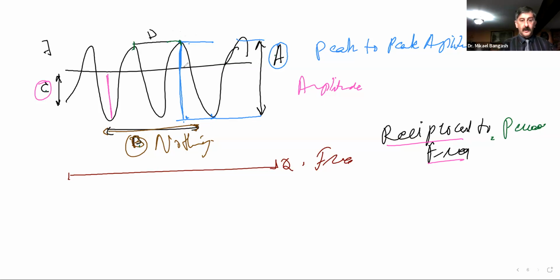That's going to be the period. The tricky way they ask is which of the following is reciprocal to frequency.